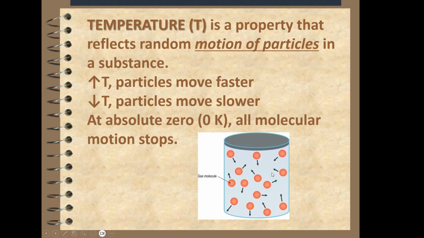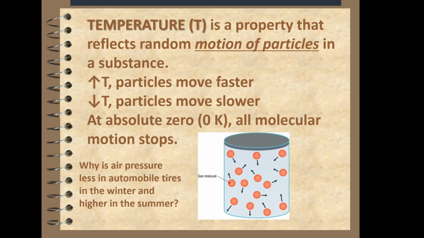All right. I talked about here why, as temperature increases, you get more collisions. And so in the summer, the pressure in your tires is higher. In the winter, pressure goes down because there are fewer collisions, because the particles are moving slower because it's colder. Today when I checked the pressure on my tires, it said 35.